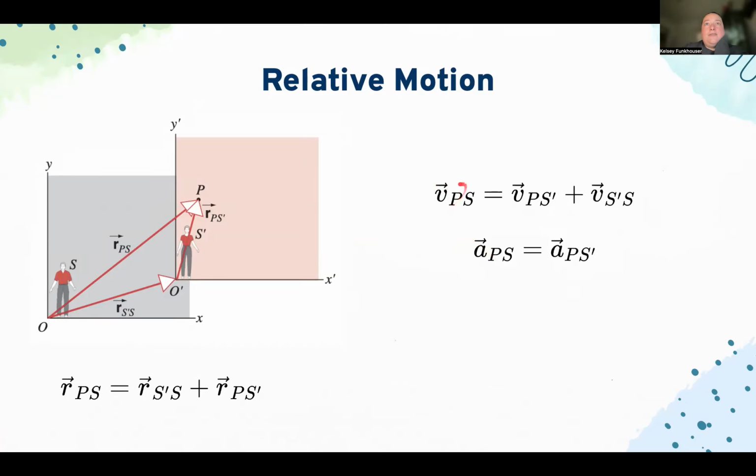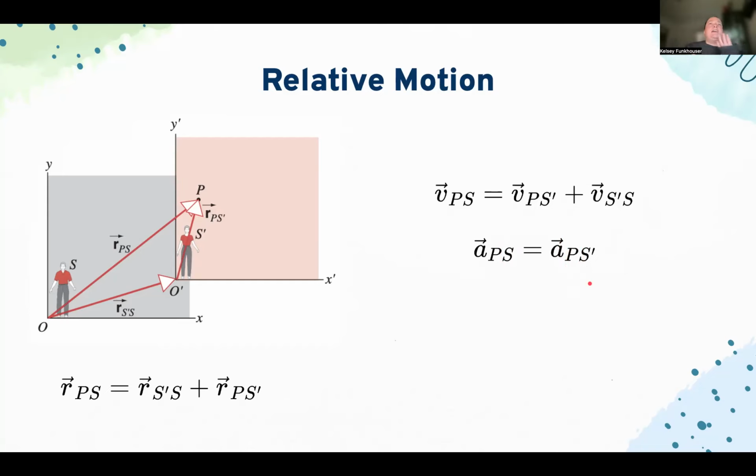And again, it's just the velocity of the particle relative to frame S equals the velocity of the particle relative to frame S prime plus the velocity of frame S prime relative to frame S. And because the reference frames themselves aren't accelerating, because that was one of the rules, they can't be accelerating relative to each other, the acceleration measured in either frame for the particle is the same. So that's what these are. The acceleration of the particle from the S frame equals the acceleration of the particle in the S prime frame.